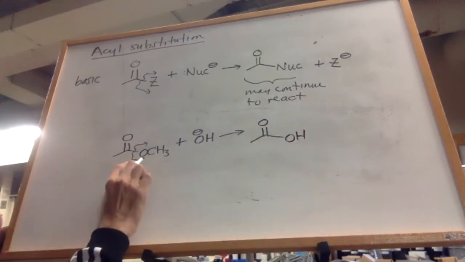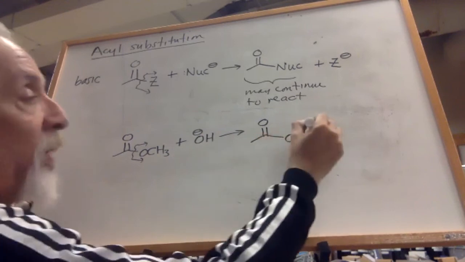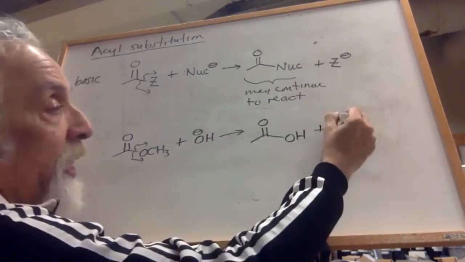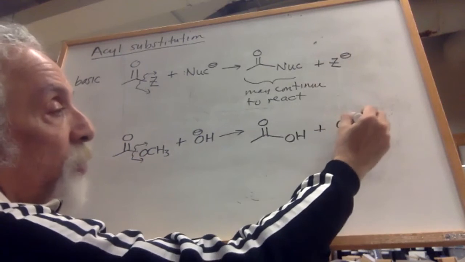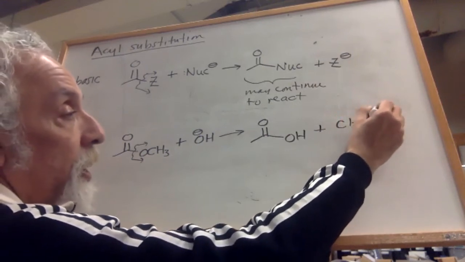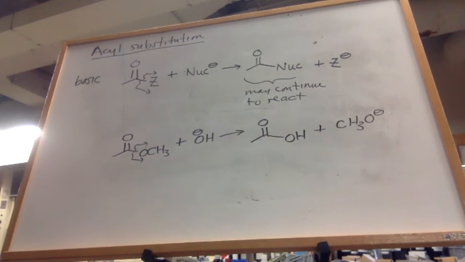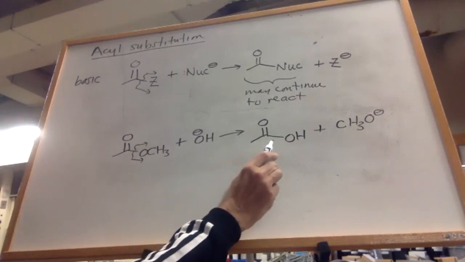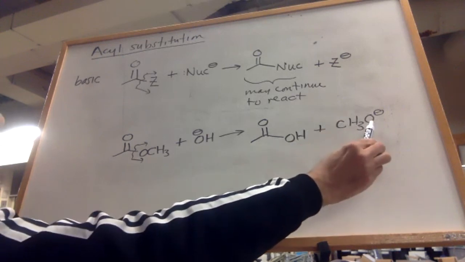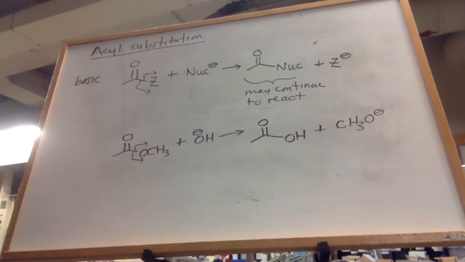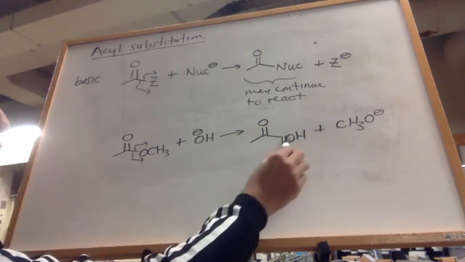And this Z group, this leaving group, went away, but following this model here, it's going to emerge with a negative charge. The reaction is over. I mean, the acyl substitution is over, but the reaction is not over, because that's a carboxylic acid. This is an oxygen atom with a negative charge, and you know that anytime we see an oxygen atom with a negative charge, that's going to be a base. This is a base, this is an acid.